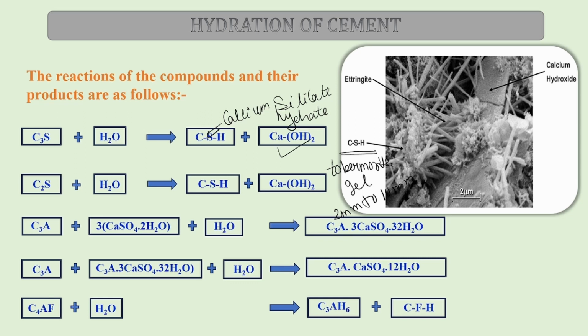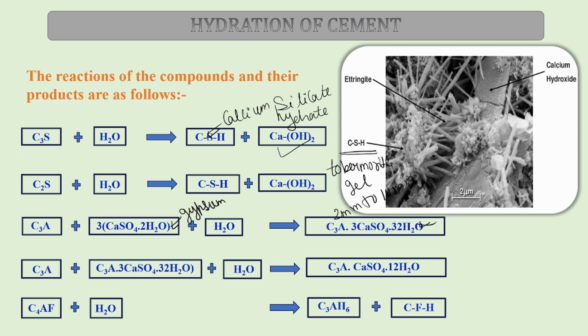The C3A and C4AF react with water to form monosulfates and ettringites. See this here, this is called gypsum. Now, this gypsum is provided to regulate the reaction, as we know that C3A is the first compound which reacts, and it reacts very quickly with water.